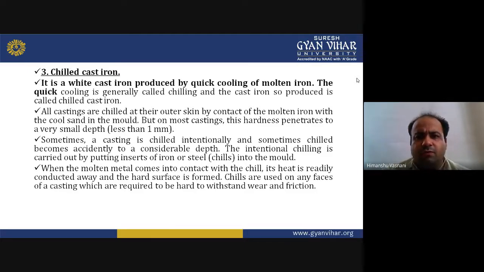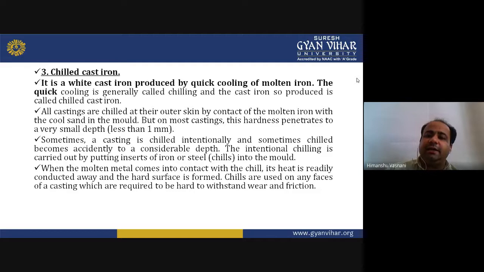Okay, because obviously the outer layer is chilled first, and then the chilling goes inside. Sometimes the casting is chilled intentionally, and sometimes chilling happens accidentally to a considerable depth.